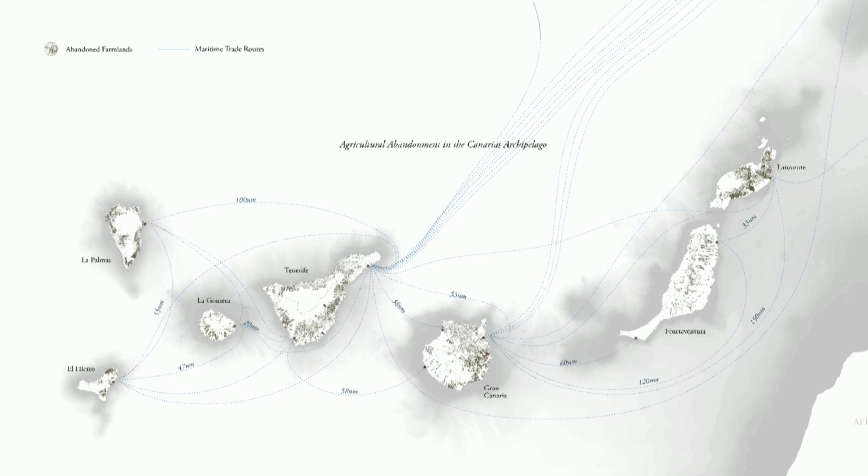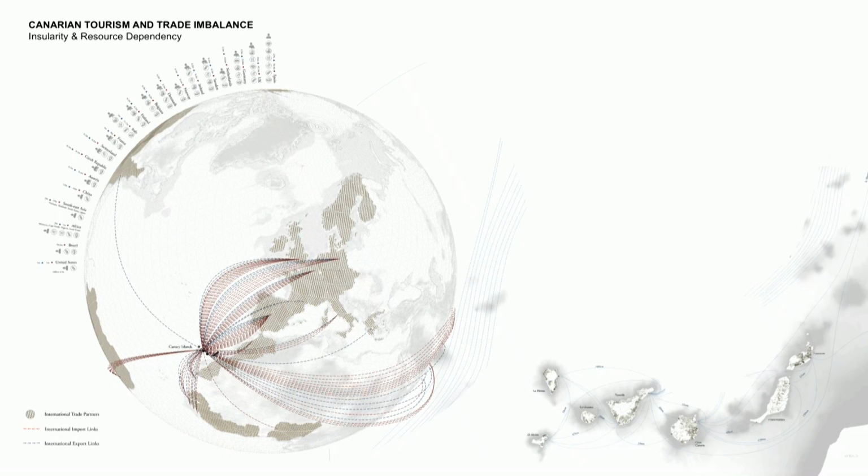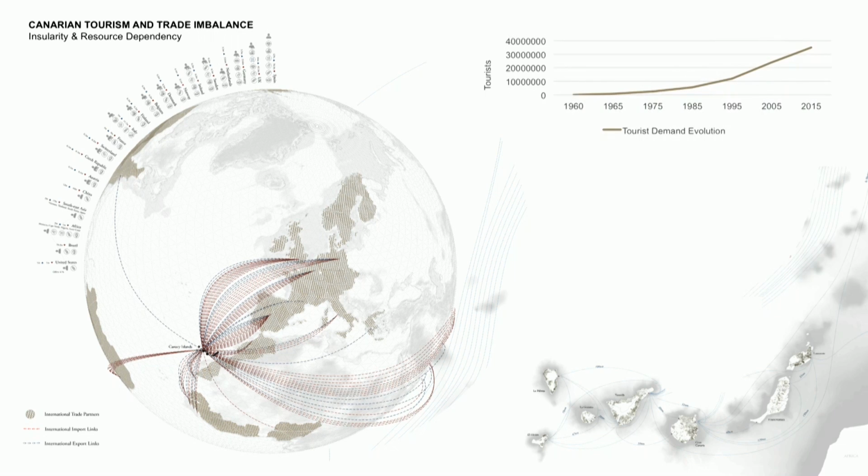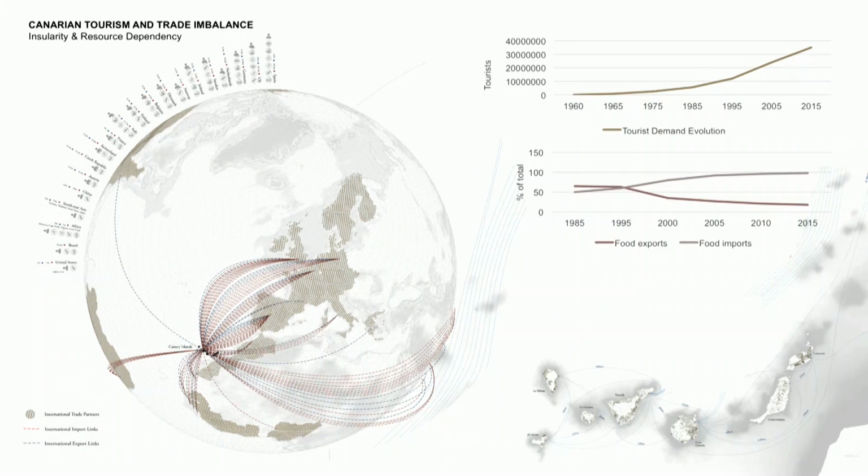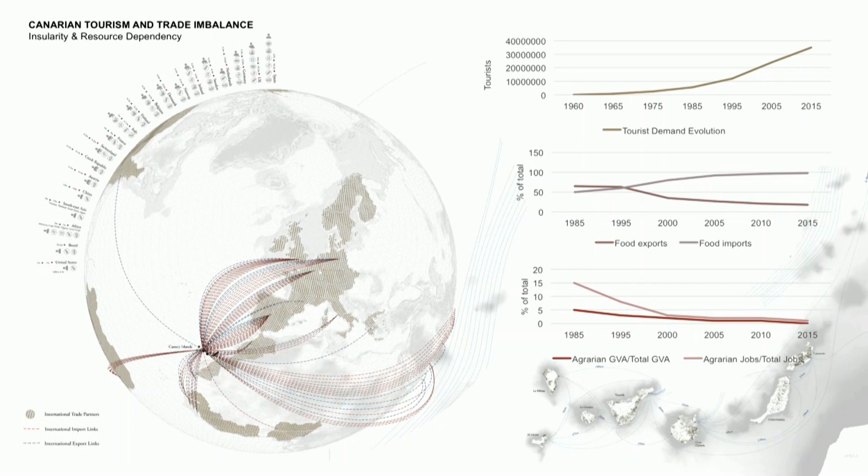The question dealt with in this project was how does a territory which was so deeply rooted and connected with their land get so disconnected from it? So we had a visit last spring to Canary Islands, and spoiler alert, it's tourism. Now, don't get me wrong, tourism is very important in Canary Islands.